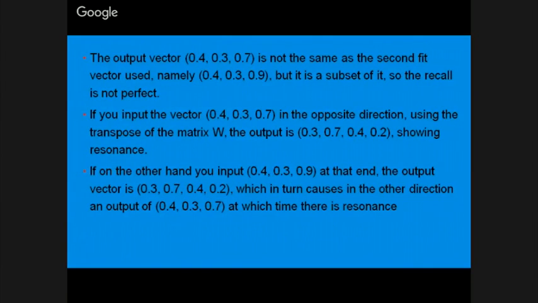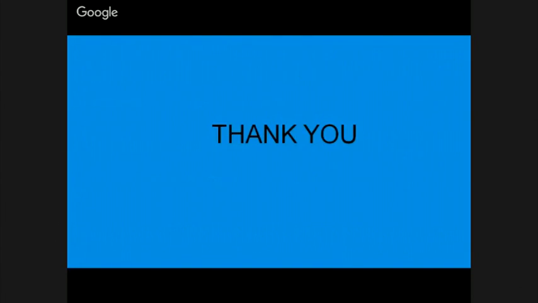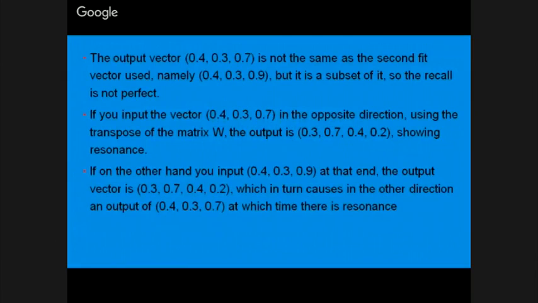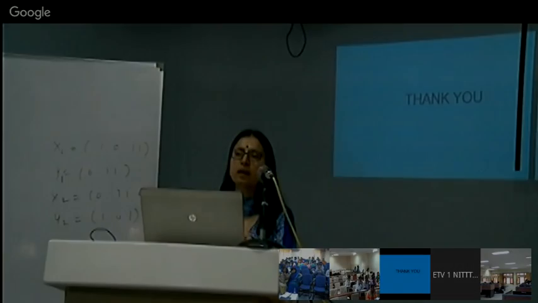In the opposite direction, if 0.4, 0.3, 0.7 is the input vector for field B, then the output vector for field A would be 0.3, 0.7, 0.4, 0.2. So again, the same resonance is maintained between the input and the output vectors. So it is able to recall the association between the input and the output vectors.